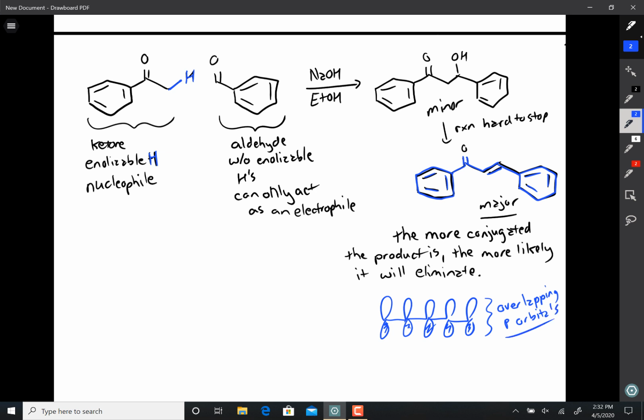And the more of these systems you have in play, the more stable the product is, therefore the harder it is to stop at the alcohol. Because the alcohol has an sp3 carbon that breaks up conjugation. But if you eliminate that alcohol, you get a nice, highly conjugated system.